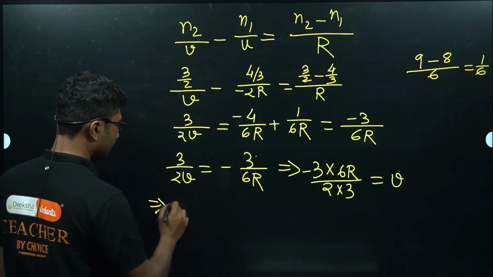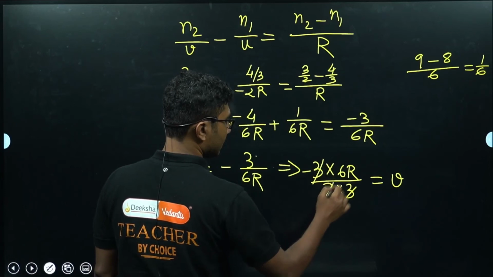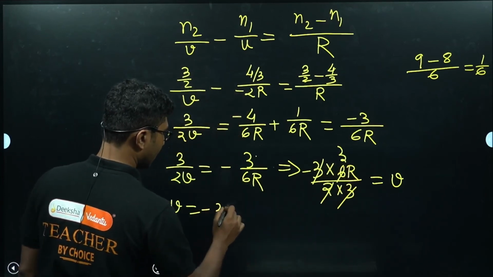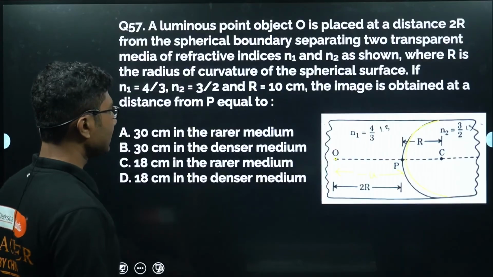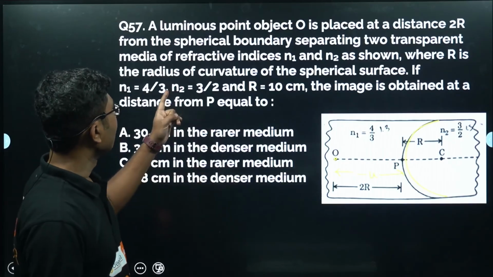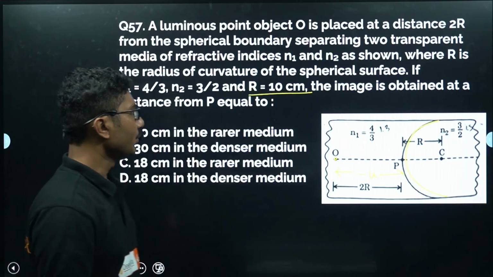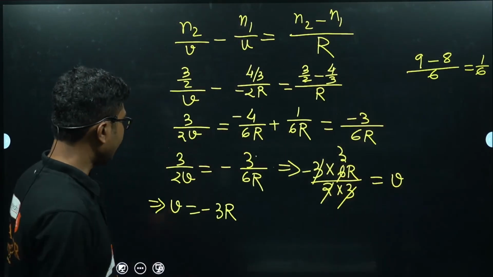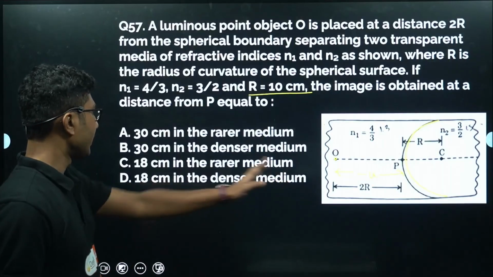Or we can write this as v equals, 3 cancels, this cancels, so minus 3r. Okay, this is the answer. So minus means it will be again on the left hand side. Now r is given as 10 centimeter. So it will be on the left hand side because the final answer is negative. Final answer negative means the image will also form on the left hand side.